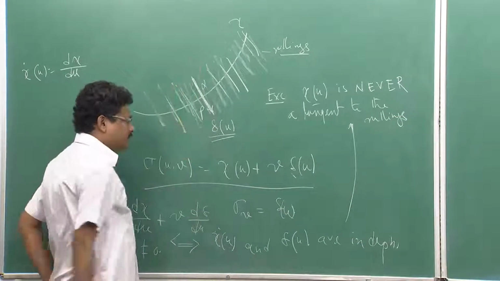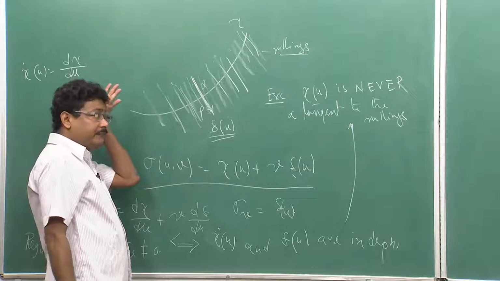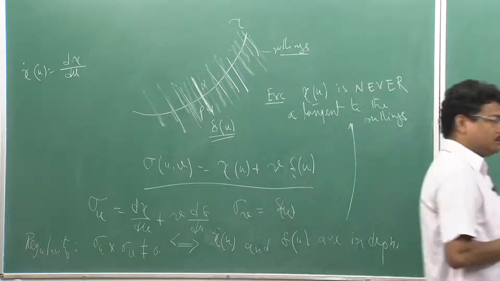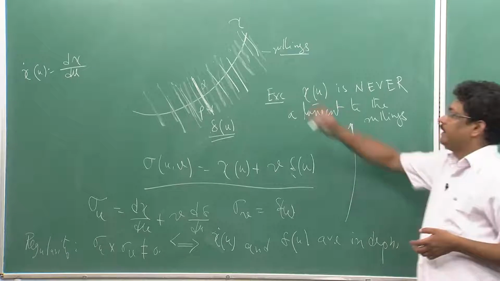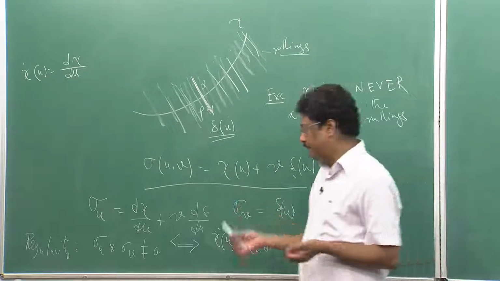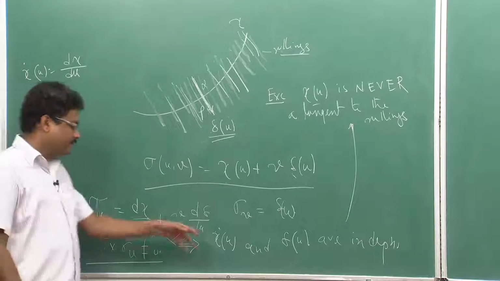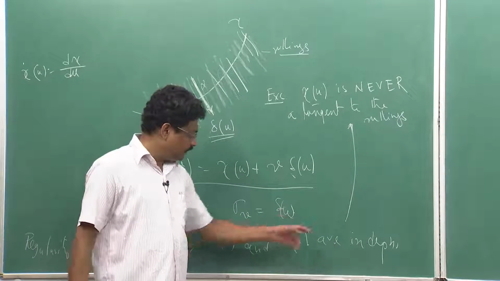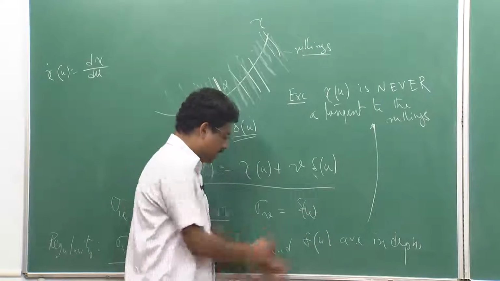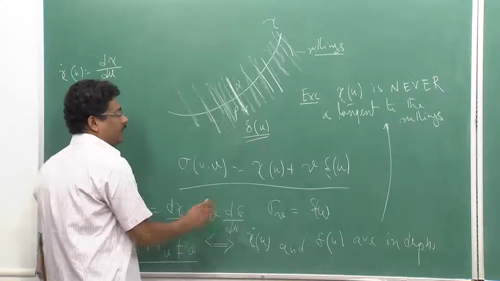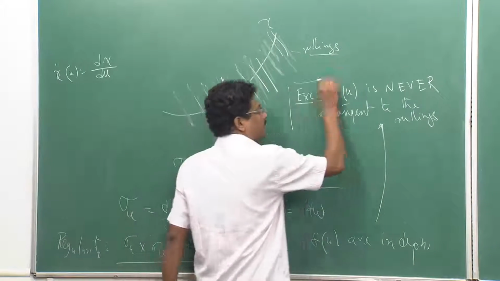Rulings are straight lines. So, gamma dot u will never be parallel to any of the rulings. If it is parallel, then I will not have this, and gamma dot u and delta u are independent. So, this is the regularity condition, and for regularity this is what I need.